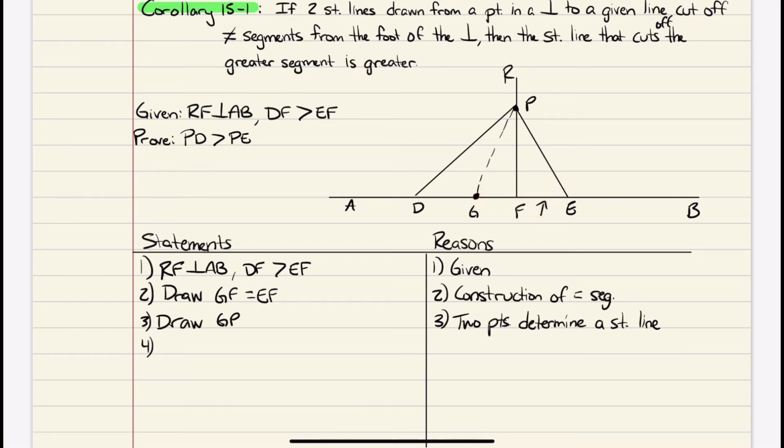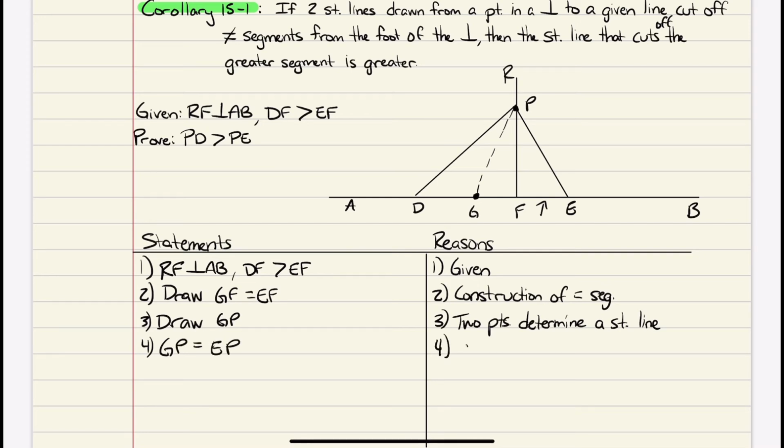And so if we have the same point in the perpendicular and we cut off the equal segments, well, look at that. We know that those 2 line segments are equal to each other. So now we can say that GP is equal to EP.